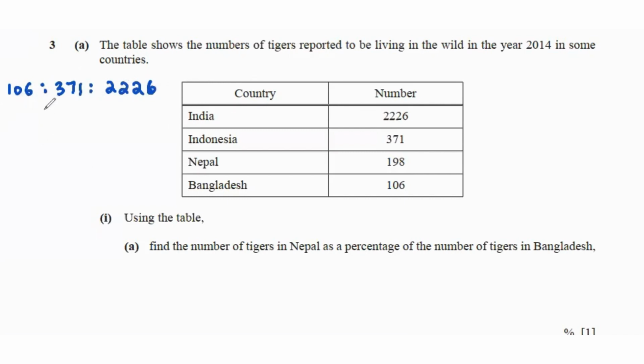So using trial and error, we can see that all three numbers are divisible by 53. So I'm going to divide all of them by 53 to simplify this ratio. And that is going to give me 2:7:42. That is your answer.